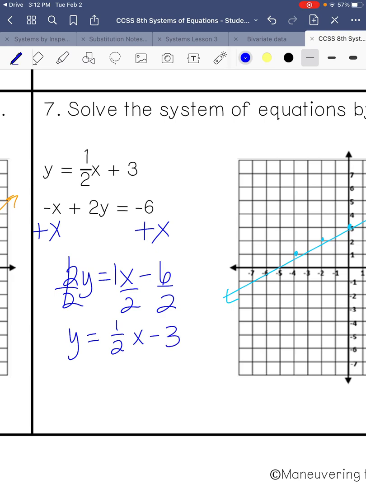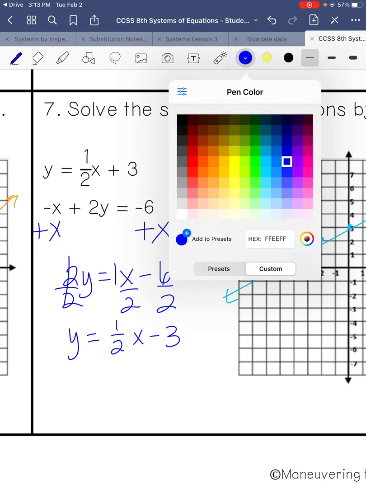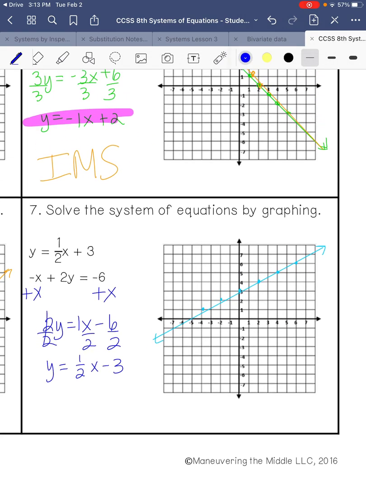Look what happened. I did it again. Same equation. So the easy part is now we already know that it's going to go just like that. Same equation. Infinitely many solutions.